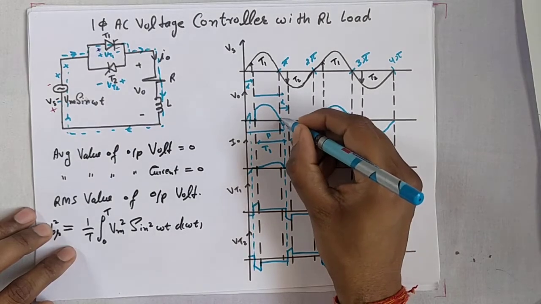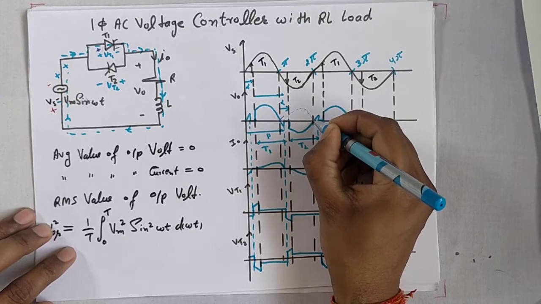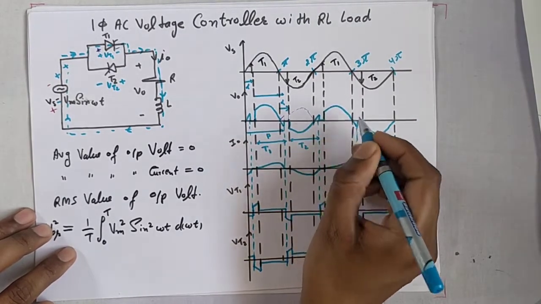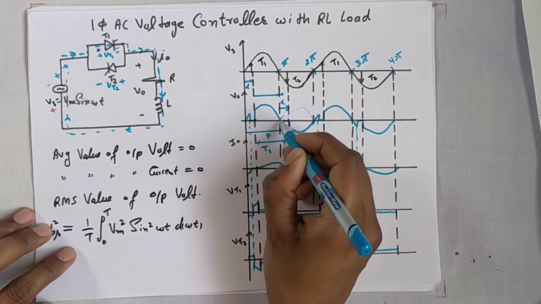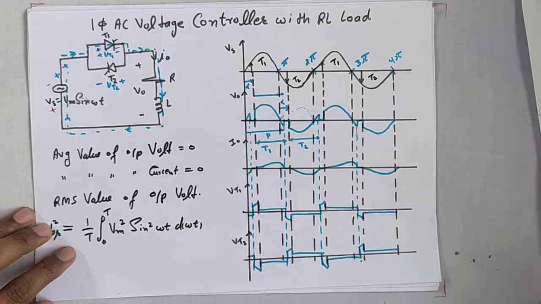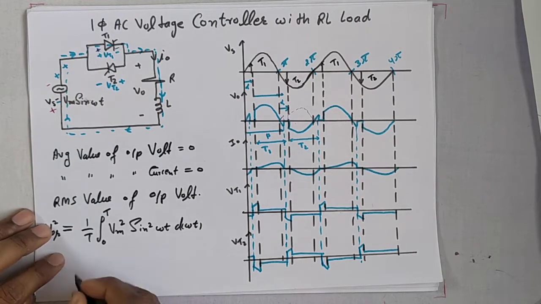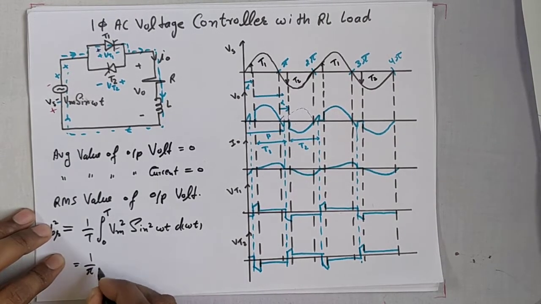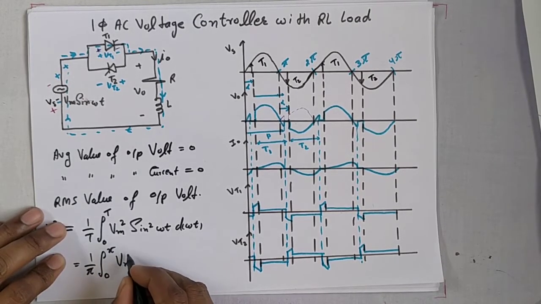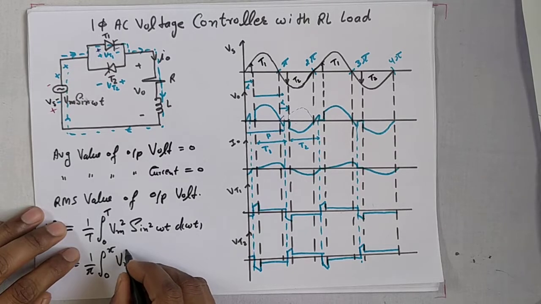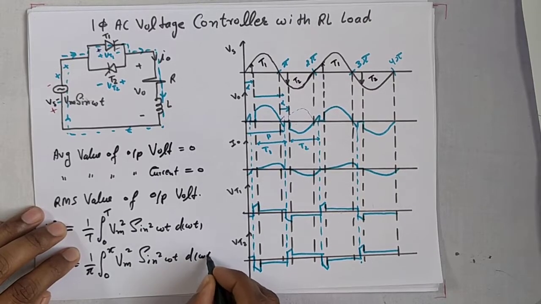The time period for this waveform will be pi. So the equation will become 1 upon pi, integral from 0 to pi of Vm square sin square omega t d of omega t.